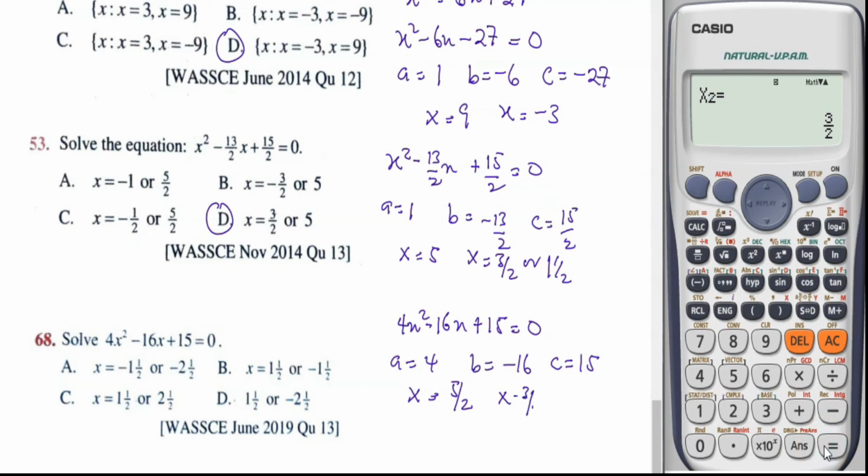But when you look at the possible answers, you realize that they are in mixed number form. So we have 2 goes into 5, 2 whole number, 1 on 2, and 2 goes into 3, we have 1 whole number, 1 on 2. So we are having either 2 whole number 1 on 2 and then 1 whole number 1 on 2, and they are all positive solutions. Therefore, we have possible answer C.